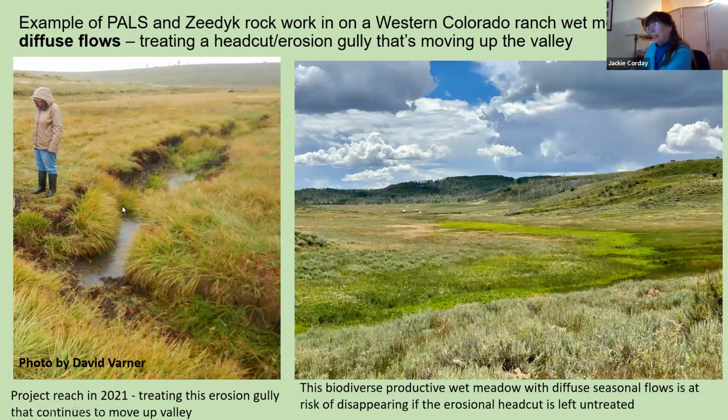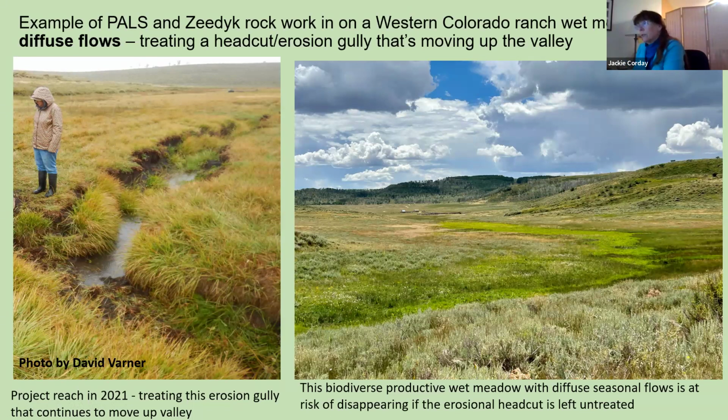The banks are falling in. You might have thought that maybe this is an intermittent creek, which is what I thought when I was first on the site. But then I started looking around and I realized, oh my gosh, this is not a creek. This is a gully. This is a ditch, well, I don't want to call it a ditch because it's not a man-made feature.